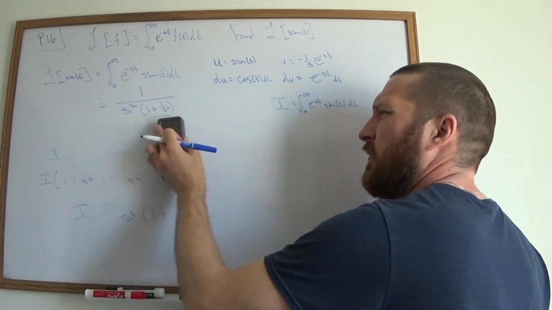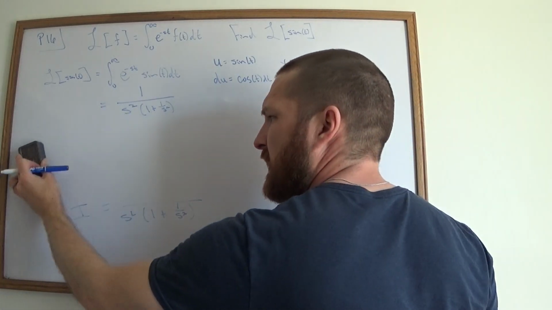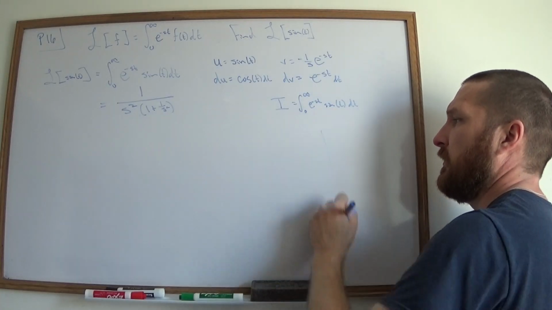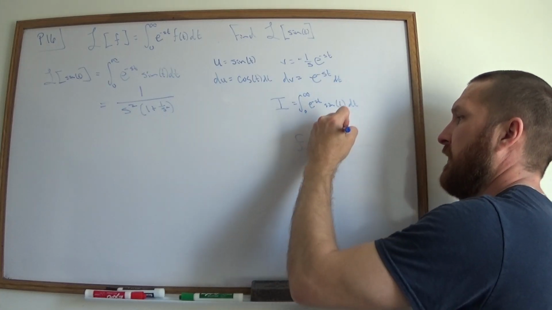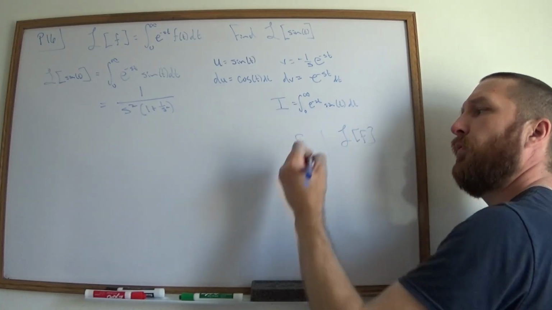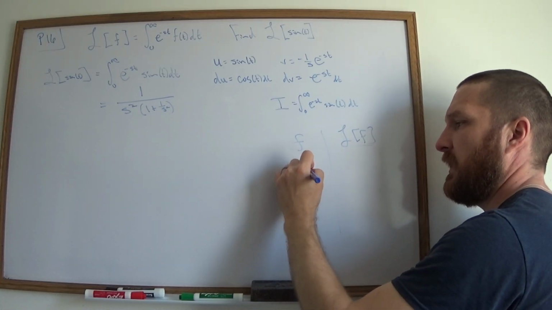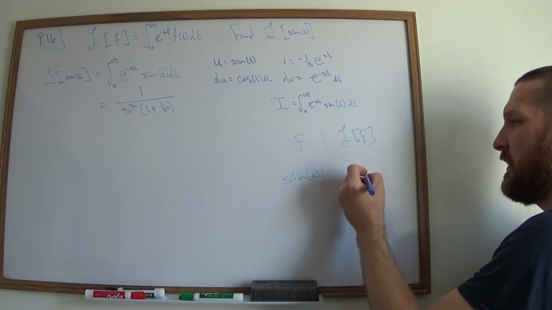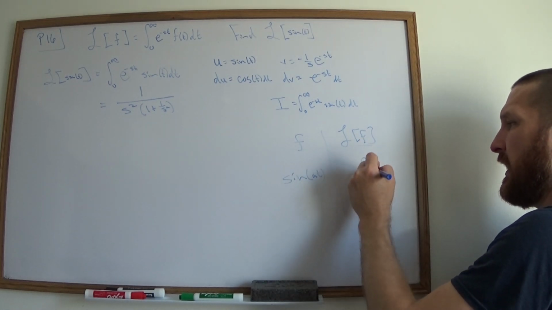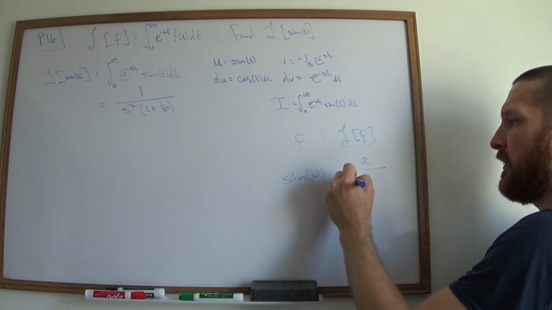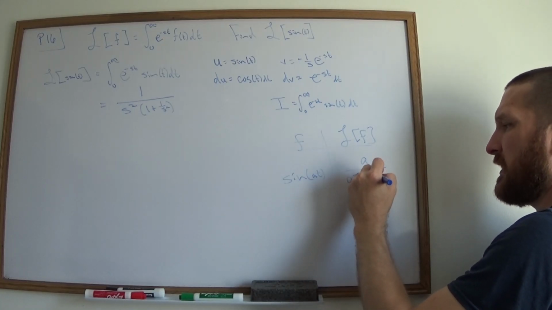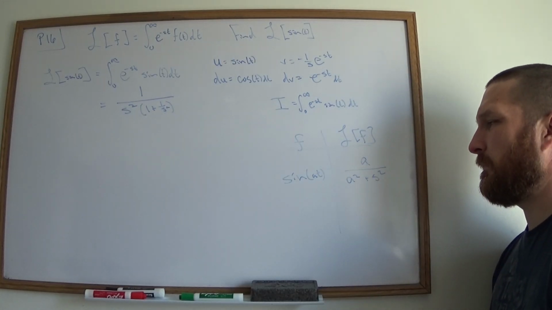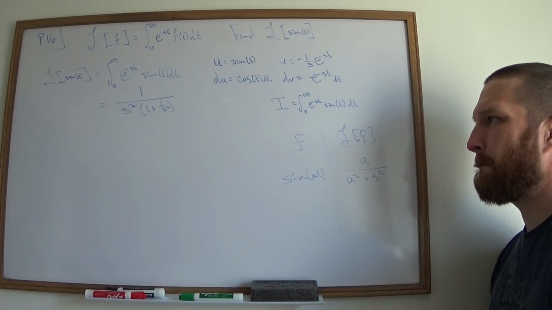Now, that's not what my table said it should be. I think my Laplace transform table, when we had our f and L of f, I'm pretty sure it said something like sine of at. If you take the Laplace transform of it, it was like a over a squared plus s squared or something like that. I'm not sure where the a showed up or if it was squared in the top or not. I think it was.